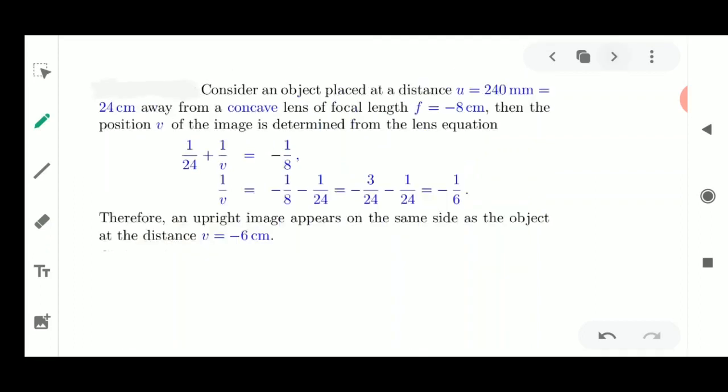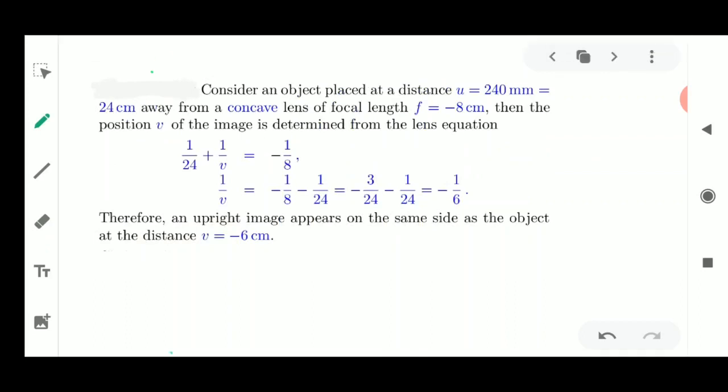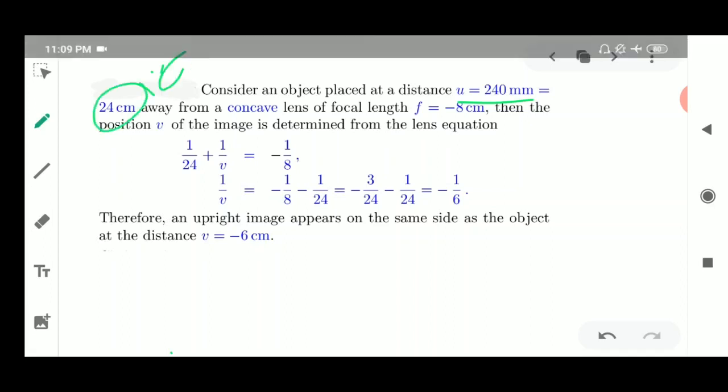Now we move on to the next numerical. Consider an object placed at a distance of u is equal to 240 millimeters. Please remember, we always use values in centimeters, so you need to convert this millimeter into centimeters, which gives 24 centimeters.